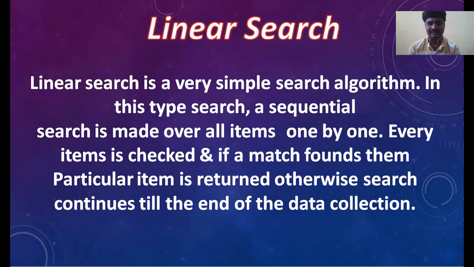Very clear and very simple. If a match is found for the particular item, it is returned. So this is the importance of the search, and this is about linear search.